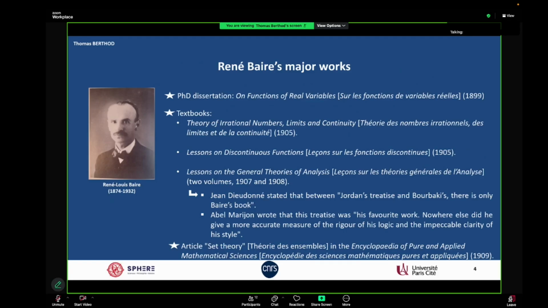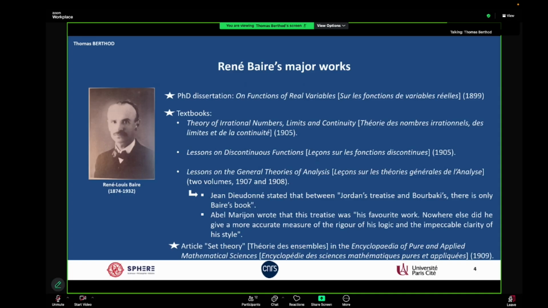And he published also a big textbook about what is nowadays what we learn in the first three years at the university, so the license and the bachelor degree. This textbook was published in 1907 and 1908, because it has two volumes.